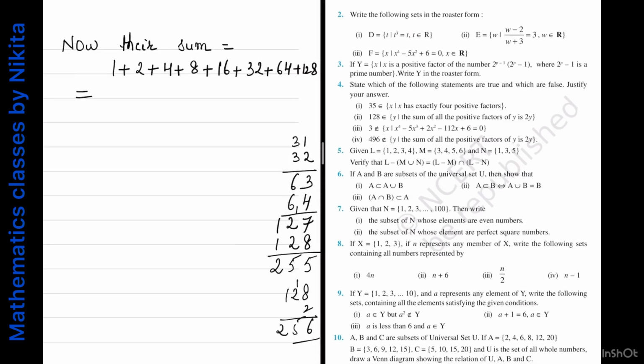This sum is equal to 255, and 255 is not equal to 2 times 128, because 2 times 128 is 256. So hence the given statement is false. So we will write the given statement is false.